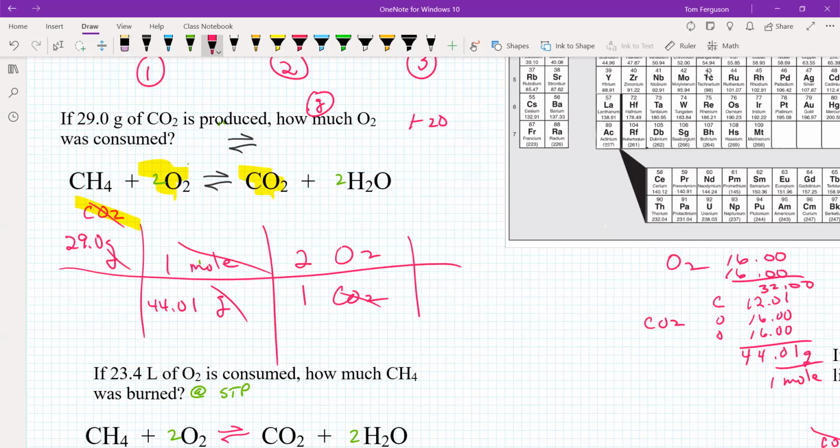Moles are going to be in the bottom, so they cancel. So what are we left with? Grams of oxygen. That's what we're trying to calculate. Grams of oxygen. So you multiply everything on the top, divide by everything on the bottom.